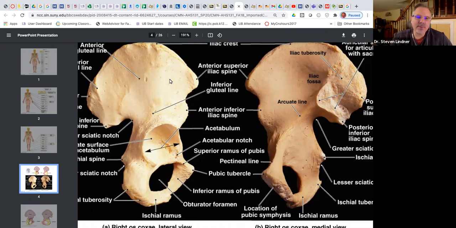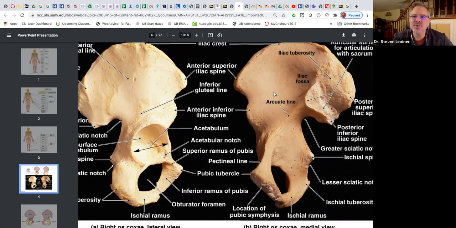And the lateral part of the ilium is much rougher. When we look at it from the medial aspect, looking inside the os coxa, or that pelvic bone, it's much smoother here. The smoothness is the iliac fossa. This entire structure in here is called the iliac fossa.